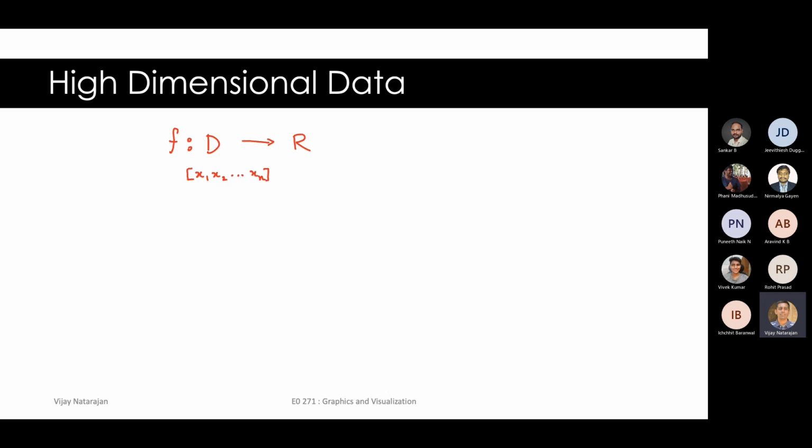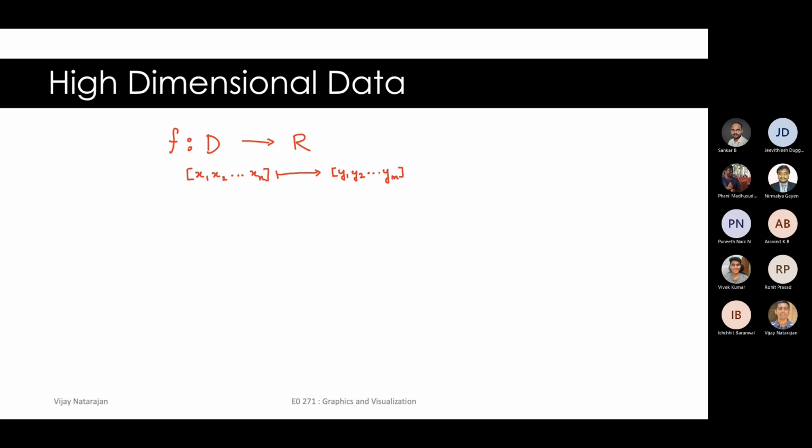So this is an n-dimensional space, right? So any point has n coordinates. f maps this point to a point in the range, which can be a scalar, in which case there's only one value, or it can be an m-dimensional space. Need not be Rn to Rm. It can be any n-dimensional, m-dimensional space.